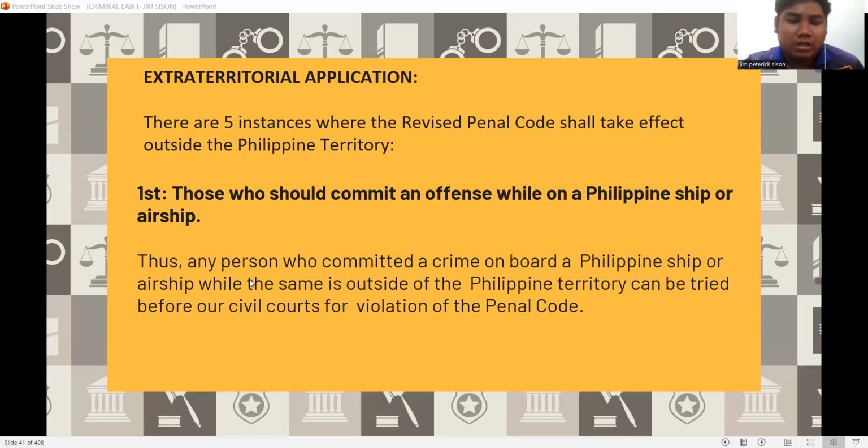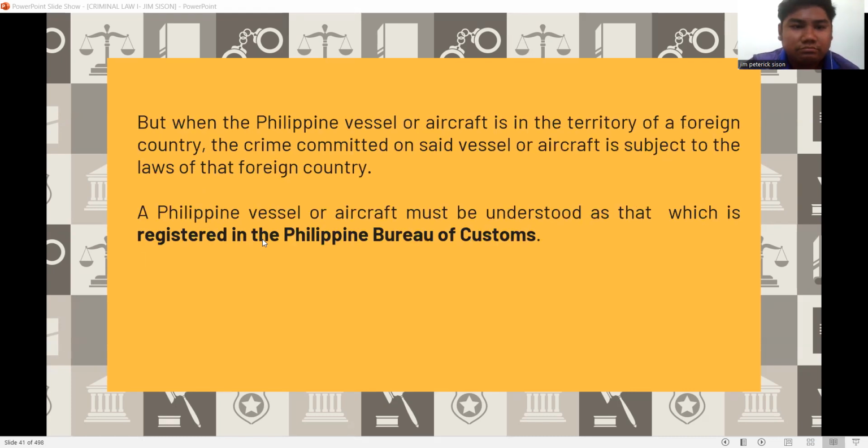And any person who committed a crime on board a Philippine ship or airship while the same is outside the Philippine territory can be tried before our courts for violating the Revised Penal Code.